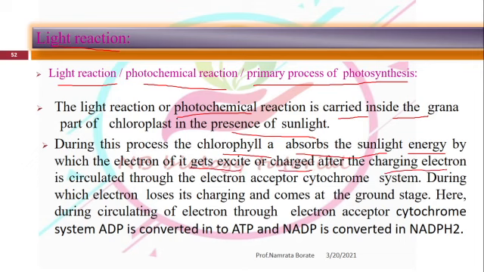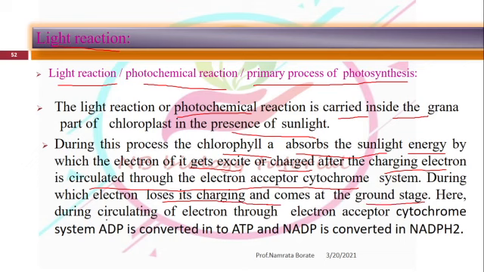After the charging, the electron circulates throughout the electron acceptor cytochrome system, during which the electron loses its charge and comes back to the ground state.